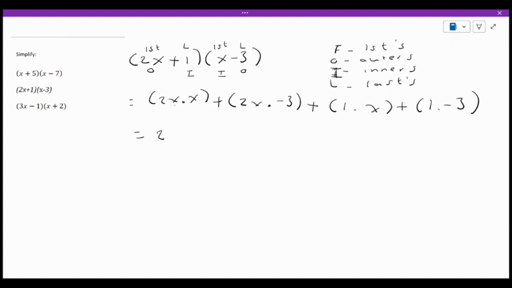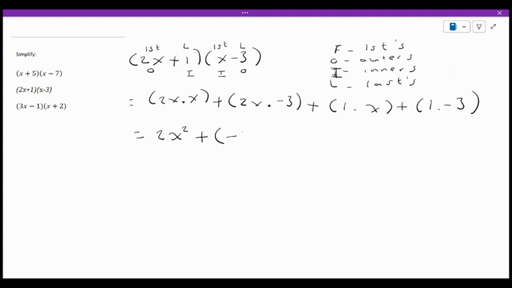2 just remains here, then it's x times x. That gives us what? X squared plus, keep in mind, now there's a negative involved, which means I'll want to put this in a bracket. So it's going to be 2 times negative 3. Take note, the numbers multiply each other and the variables multiply with each other, right? So it's 2 times negative 3.